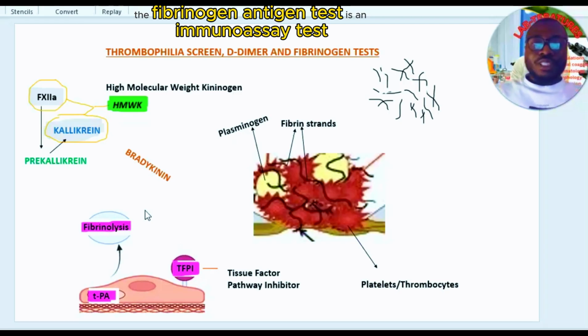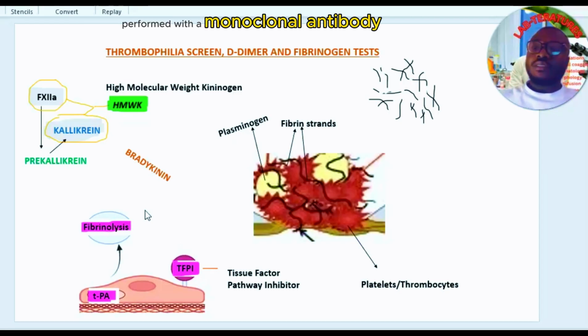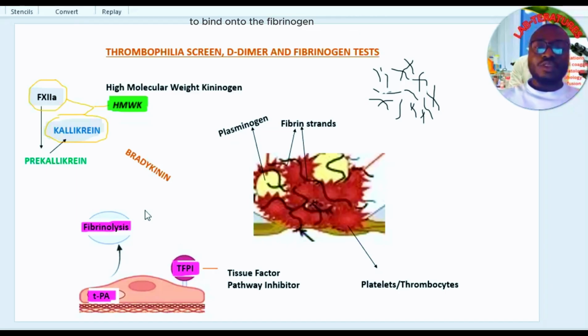Therefore, the fibrinogen antigen test is an immunoassay test performed with a monoclonal antibody to bind onto the fibrinogen beta chain subgroup, and this beta chain subgroup, if it is in its right structure, will be able to bind to the monoclonal antibody with affinity and avidity, and this assay will estimate how much we've got using the Beer-Lambert theory with the presence of a substrate that can have a color change.